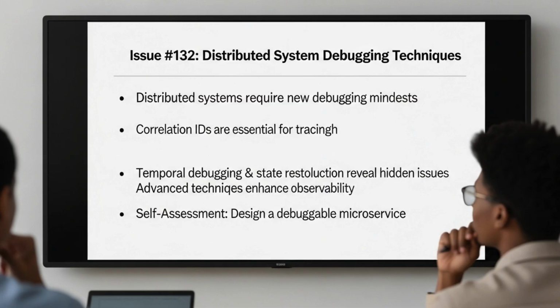We then explored the power of temporal debugging, which focuses on time windows to uncover race conditions and other emergent behaviors, along with state reconstruction for piecing together system decisions from scattered evidence. Finally, we looked at advanced observability strategies like distributed breakpoints, chaos-driven debugging, and behavioral fingerprinting, along with real-world enterprise patterns that demonstrate how to debug by business impact, comparison, and system topology.